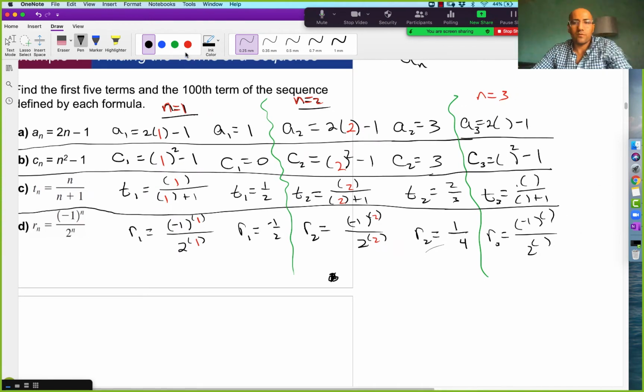Squeeze it in a little bit. Okay, so that'll be a 3 there, a 3 there, a 3 there, a 3 there, a 3 there, and a 3 there.